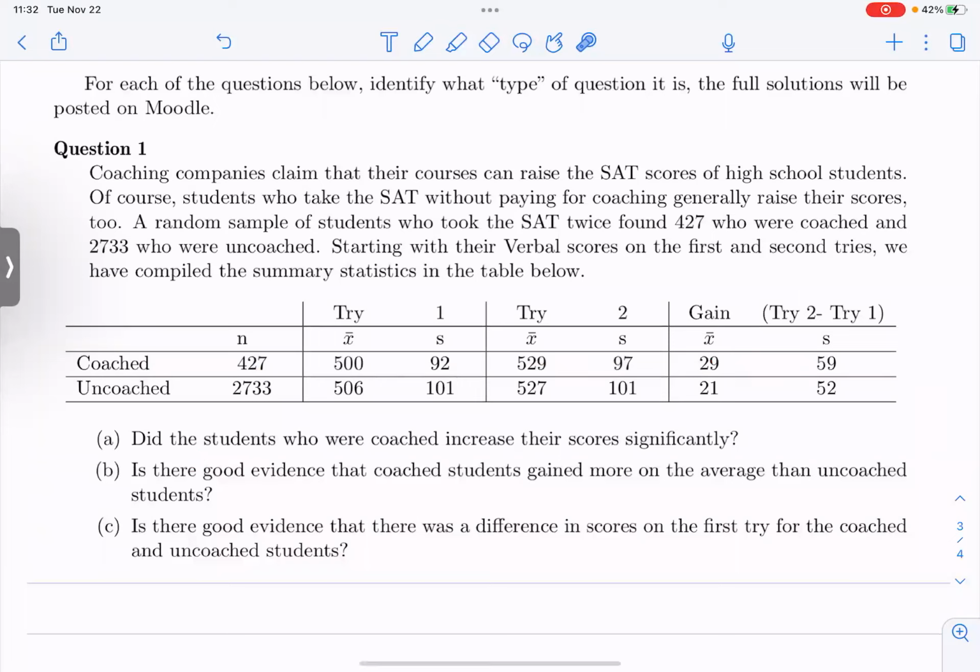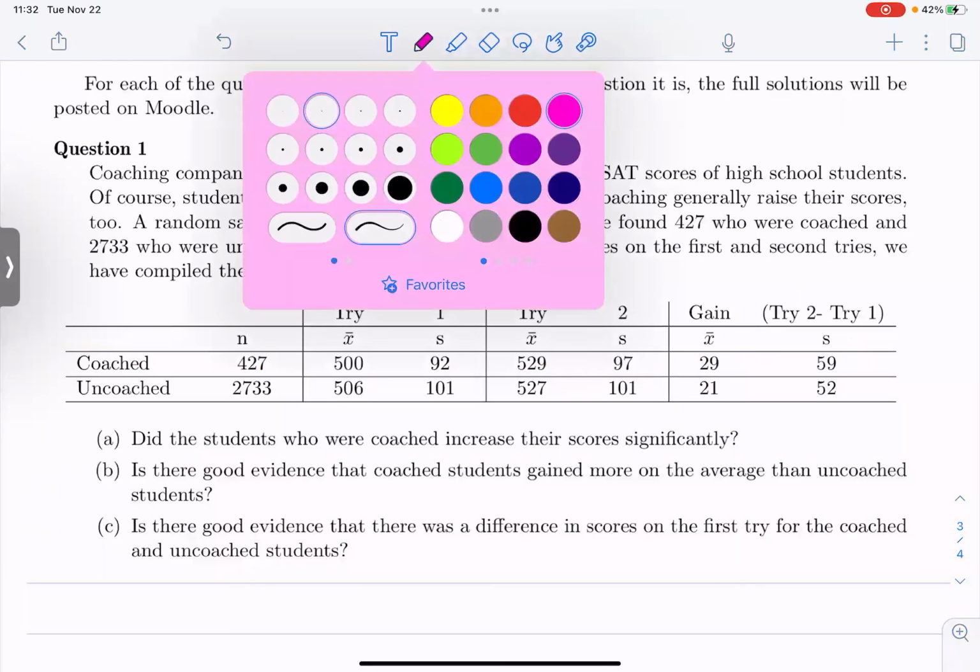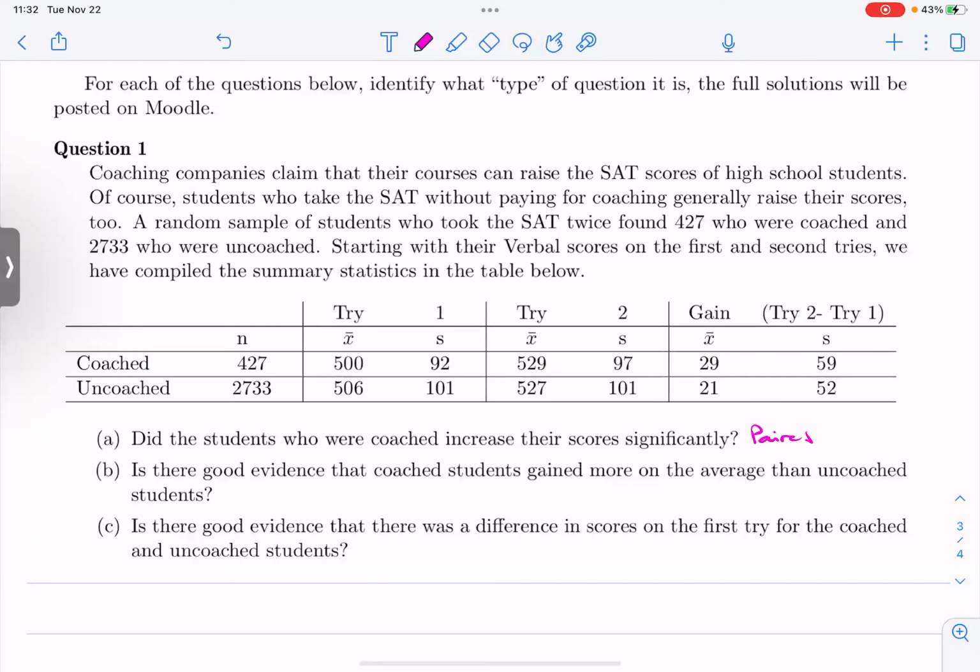However, we want to talk about it because these are matched pairs, right? So now this is paired data. So I want to analyze the gains, right? So here, paired data. I'm just going to write a quick summary because in the solutions I talk about why it's paired data. So just to kind of move through it a little bit quicker. But that's going to be paired data for the gain for the coached students.